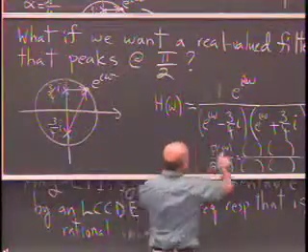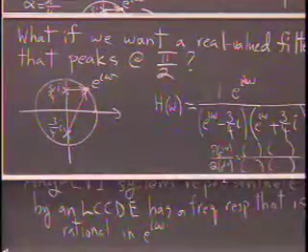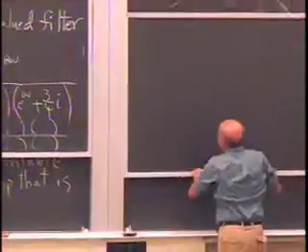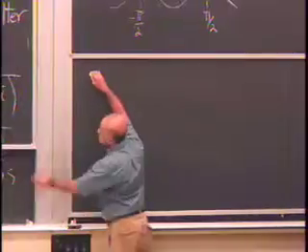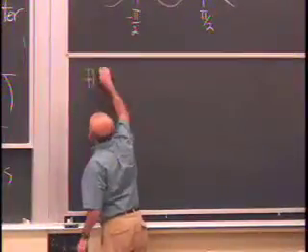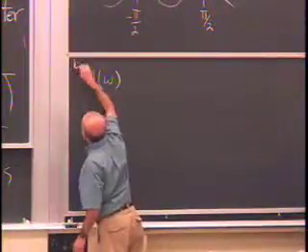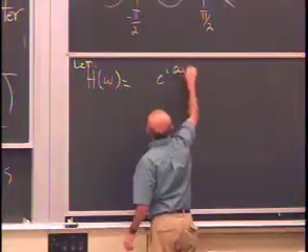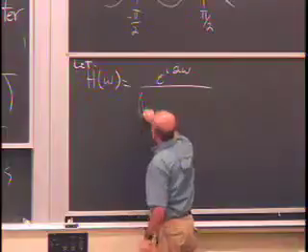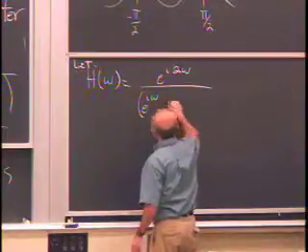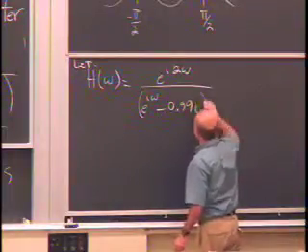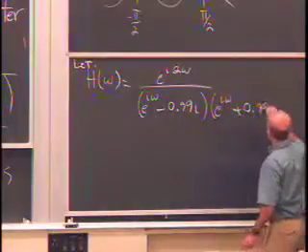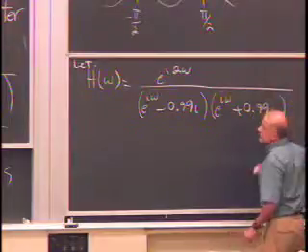Then when you look at the denominator, so I have h of omega. So let h of omega be e to the I 2 omega over e to the I omega minus 0.99 I, and e to the I omega plus 0.99 I. Okay?